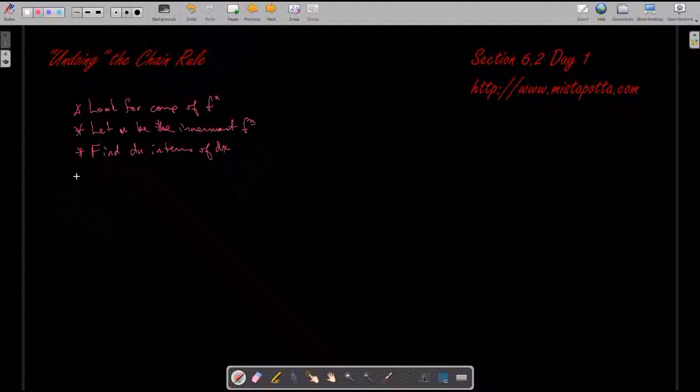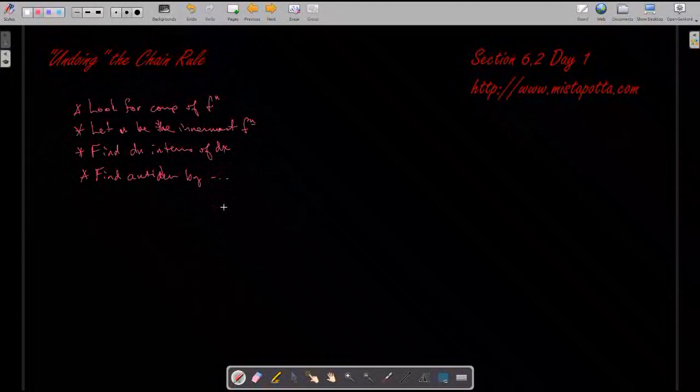And then once I've done that, I'm going to find the antiderivative by whatever rules we've already established. I can use the power rule. I can use one of our memorized antiderivatives. Any of those would work.